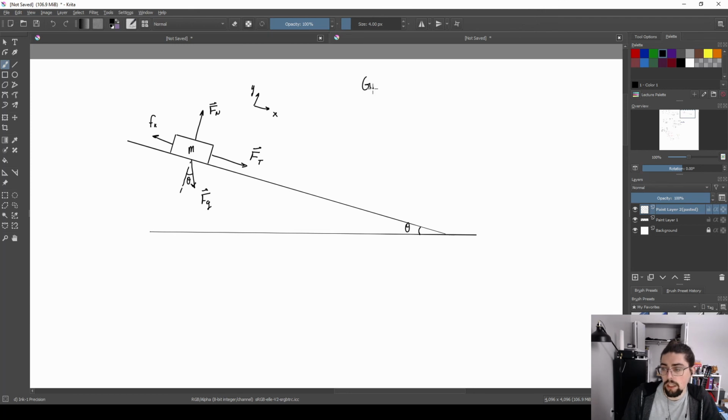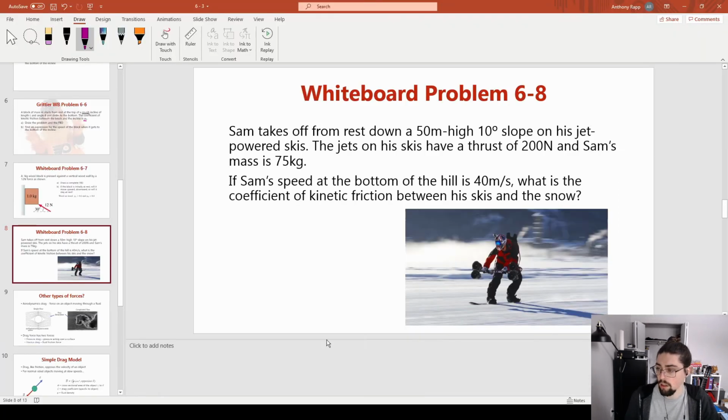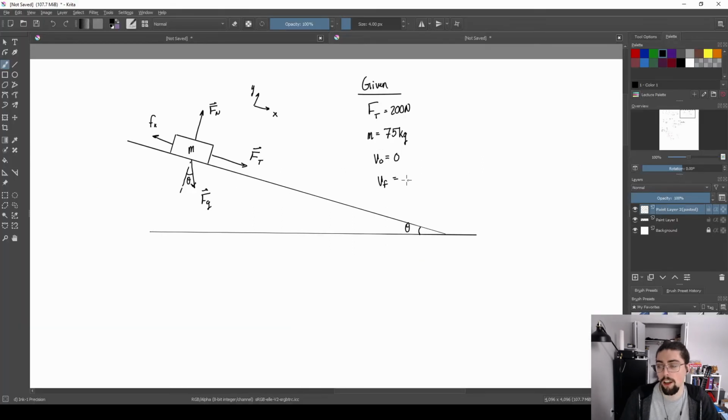Let's think about the things that we're given now. We know the thrust is 200 newtons. We know the mass is 75 kilograms. We know that when we start, we had no velocity, but when we ended, what did we have, 40? 40, which is going along pretty fast.